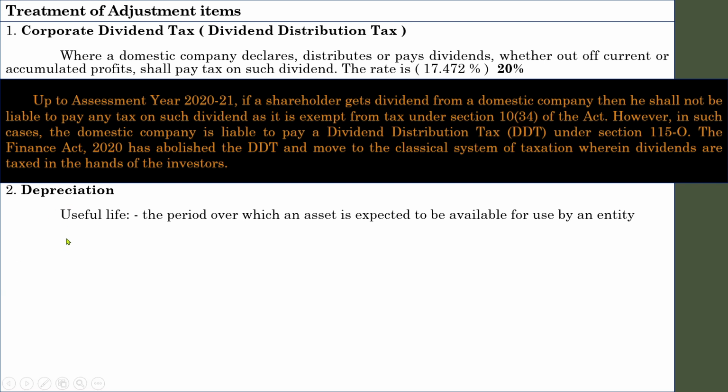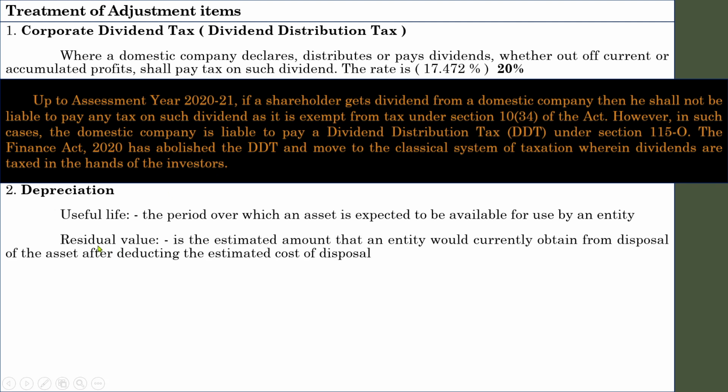In the question they will specify the useful life of a fixed asset. So what is the meaning of useful life? It is a period over which an asset is expected to be available for use by an entity. Usually there will be machinery that can be used for 5 years or 6 years. So if a useful life is specified in the question, don't neglect it. It is very important, because for computation of depreciation of a fixed asset, we need useful life.